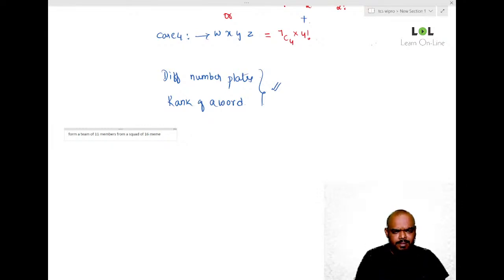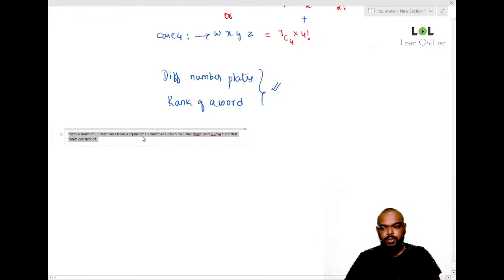Form a squad of 16 members, which includes, let us say, Dhoni and Yuvraj, such that a team consists of... Okay, this is the question.